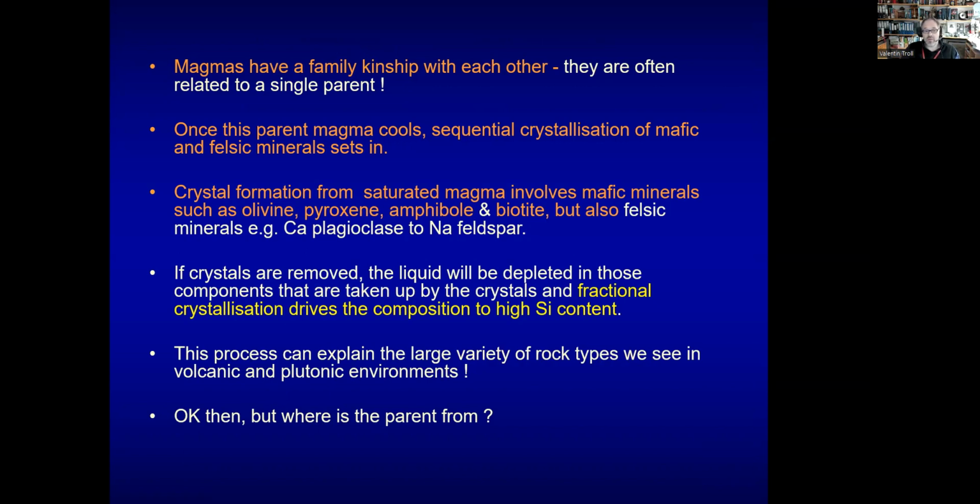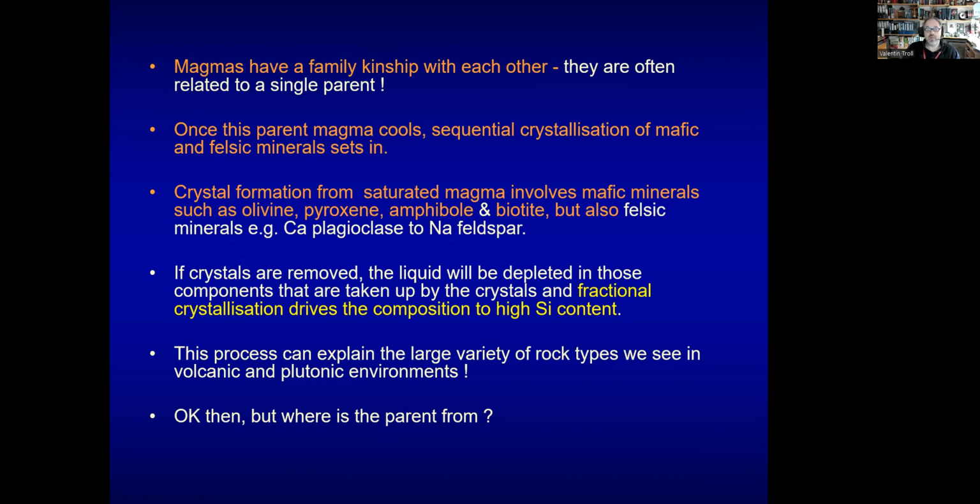Crystal formation from these magmas involves the mafic minerals olivine, pyroxene, amphibole, biotite, but then the felsic ones are calcium-rich plagioclase and/or feldspar, and then eventually sodium feldspar, and then also quartz. If crystals are removed, the liquid will be depleted in those components, and therefore it will change its chemical composition, and fractional crystallization can produce new daughter magmas that then give rise to, again, new mineral assemblages.